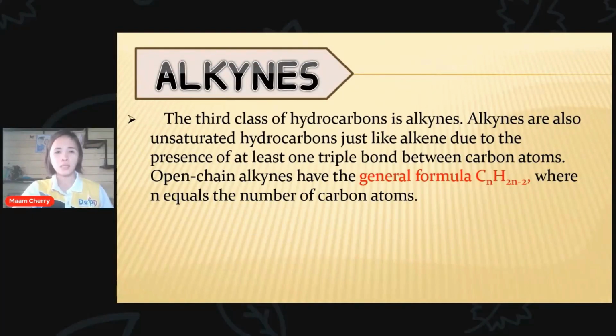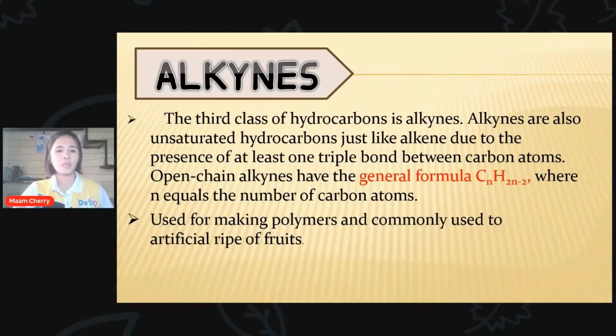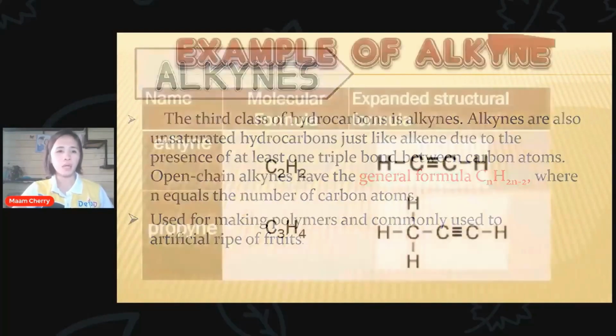Ulitin ko: yung alkanes, ANE yung dulo, single bond. Yung alkenes, ENE yung dulo, double bond. Itong alkynes, YNE yung dulo, triple bond. Unsaturated po kapag triple bond at double bond. Used for making polymers and commonly used to artificially ripen fruits. Yun po yung uses ng alkynes.